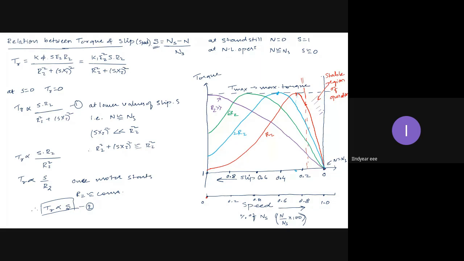The speed will also not drop because the induction motor is operating with applications which demand various values of speed. Say, for example, if you are using an induction motor as a water pump, the speed of operation is totally different.